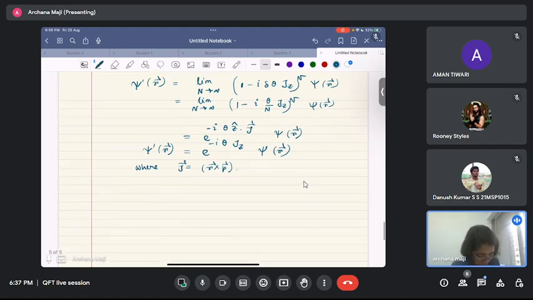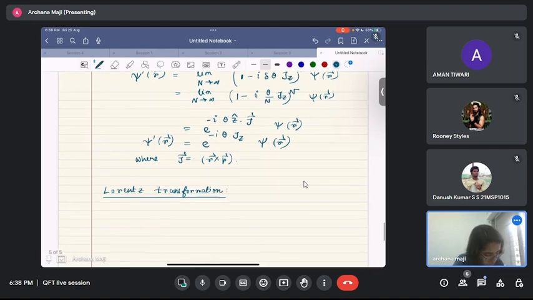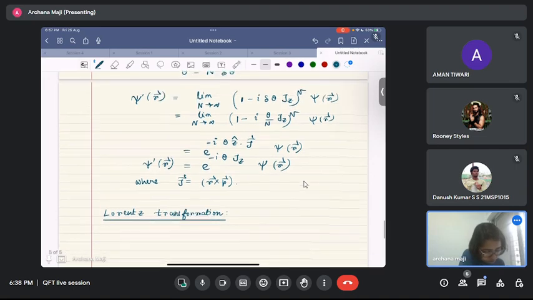Now let's get on to Lorentz transformation.